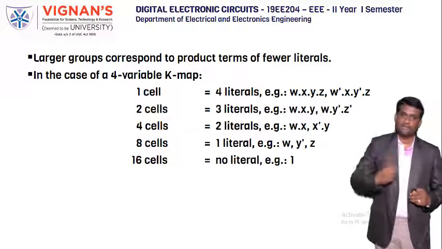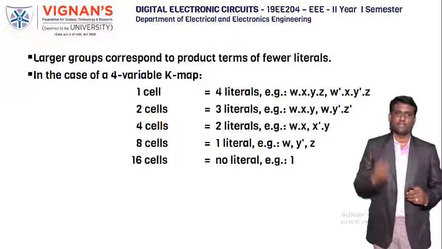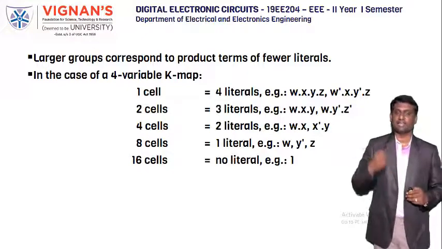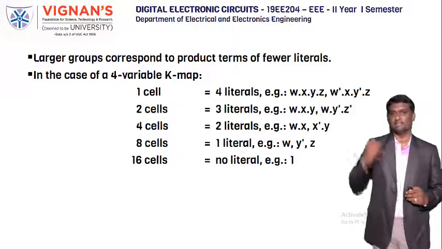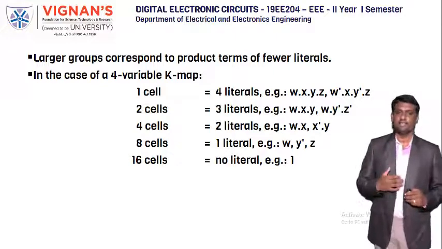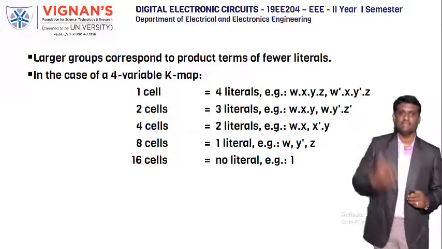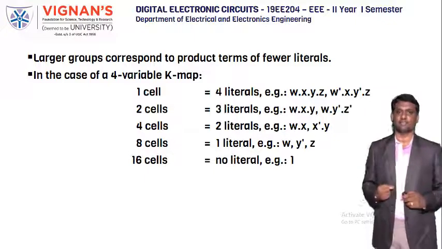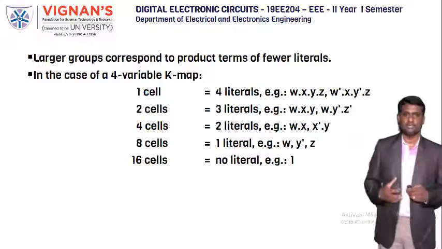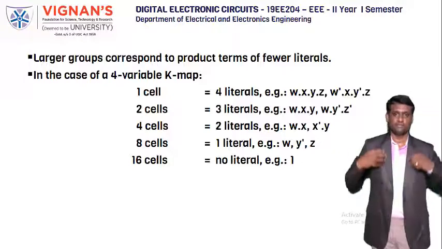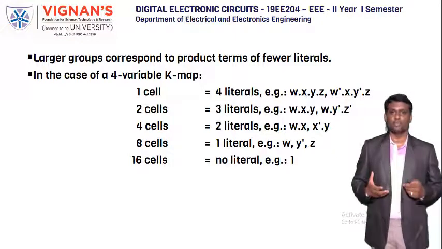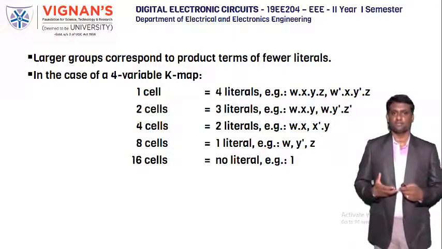If the literals are reduced, the number of gates utilized for realization of the Boolean function will be reduced. Thereby processing time will be reduced and the size of the circuit will also be reduced. So we have to check the various possibilities for grouping with more cells.